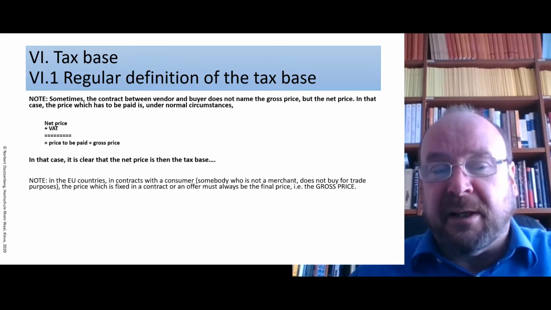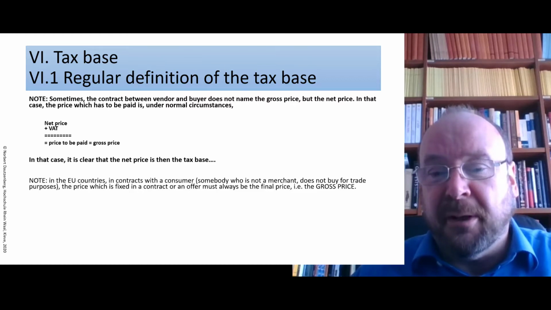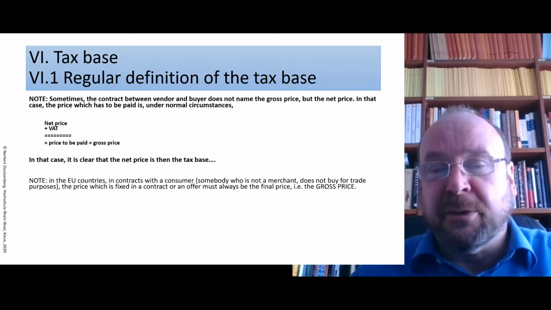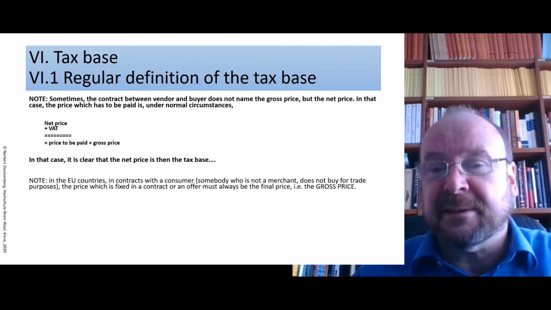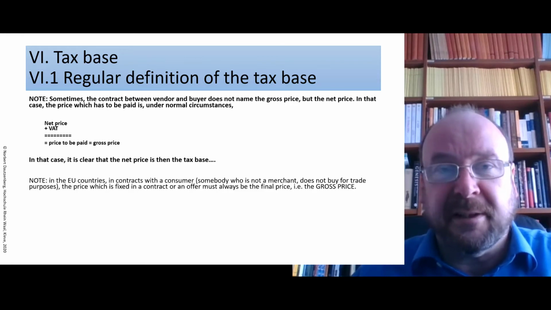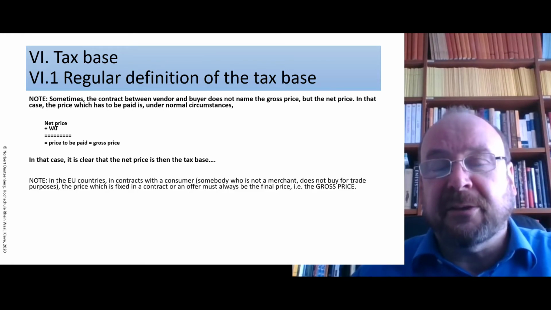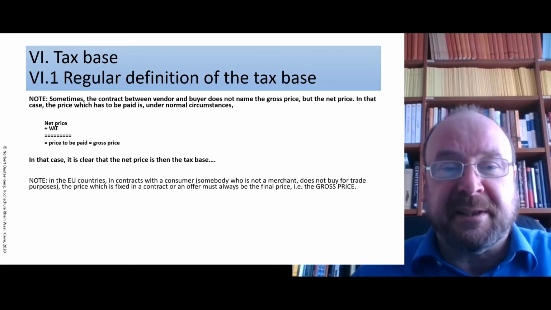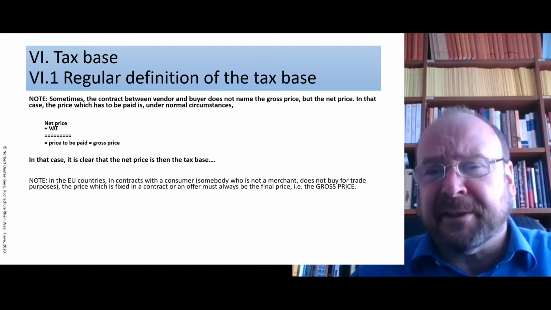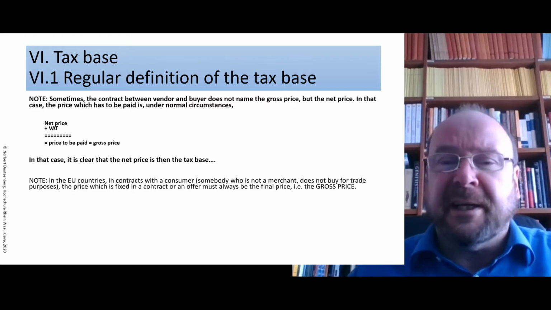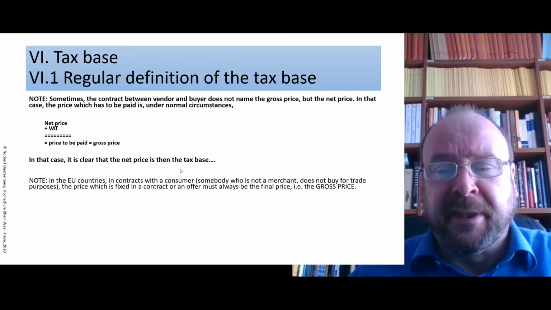Such conditions are, at least in EU countries, only allowed in contracts between business persons, because in contracts with a consumer, consumer protection laws require that the consumer gets named a clear and concrete price and not some formula, because by that a consumer might be confused, irritated, distracted, so that in the end the consumer takes a wrong decision.